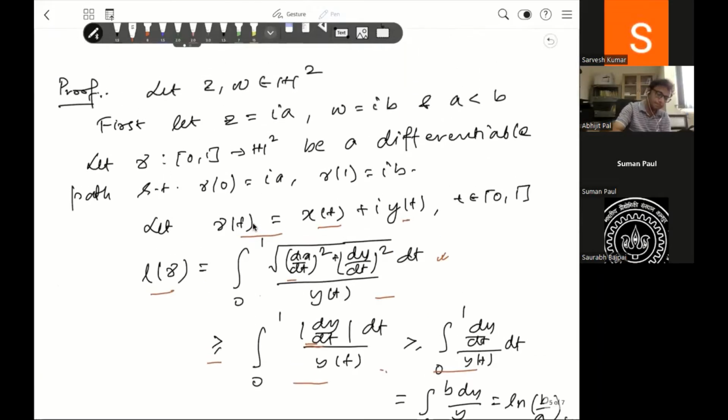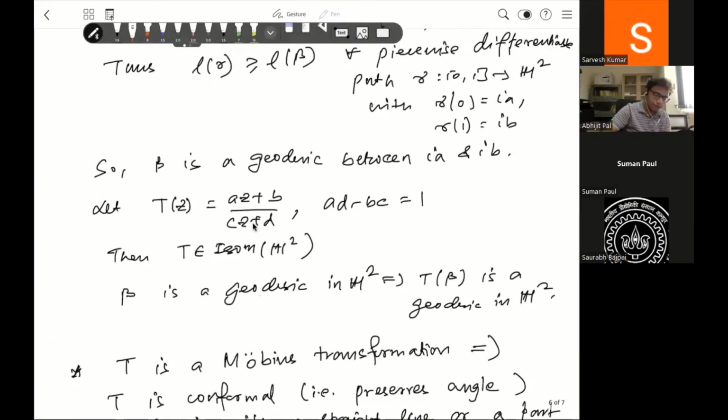And now if I take beta t to be, let us take this, so t is varying from a to b.